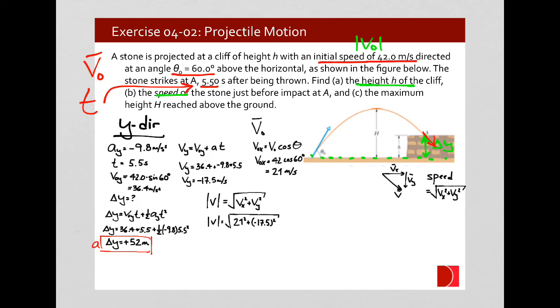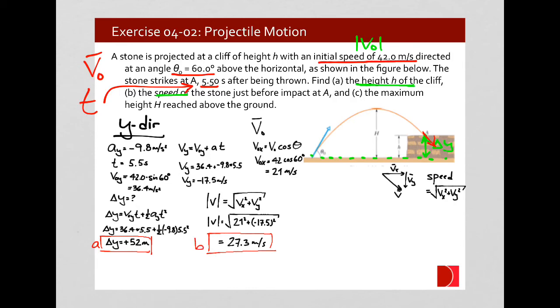These are as if they're sides of a triangle, so they count as positive lengths, even though they're negative. It just means that you're going downward. It doesn't make anything different about the vector itself. And we see that the total magnitude is 27.3 meters per second. And so this is our answer to B.